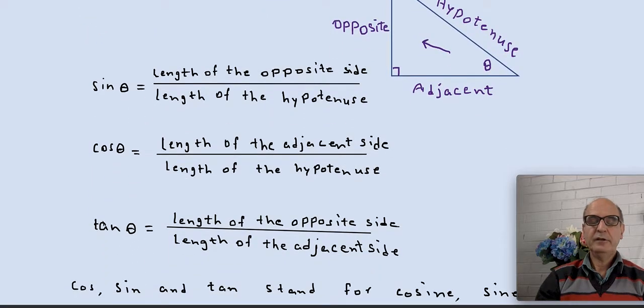And finally, we have the ratio called tangent, which for short we show with tan, and we read it as tan theta. What is tan theta? It is again a fraction where the top is the length of the opposite side to theta, and the denominator is the length of your adjacent.